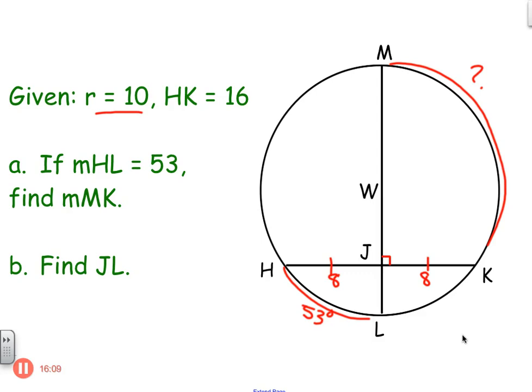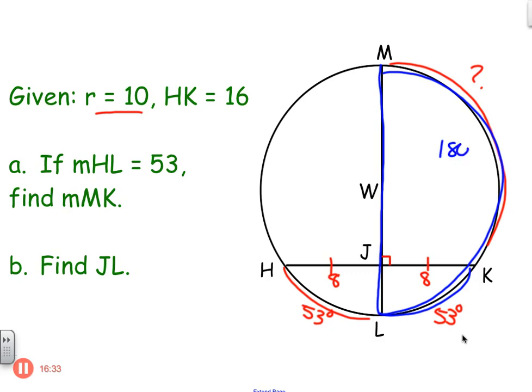Okay, so first off, I know that KL is also going to be 53 degrees because I know their chords are the same, so their arcs are the same. Okay, now to find MK, let's look at this like a semicircle. I know semicircles are 180 degrees, and I've already used 53.